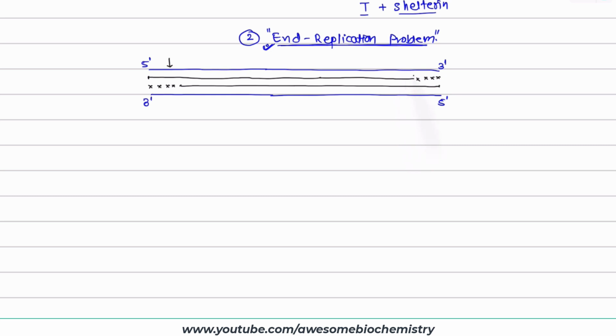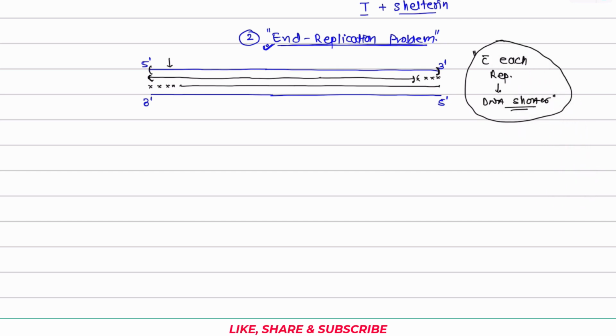If you compare the length, the parent DNA's length is this much, whereas the daughter DNA's length is only this much. So we can say that with each replication, DNA gets shorter. This is a problem of replication, and DNA is shortening from the end. This particular problem is called the end replication problem.